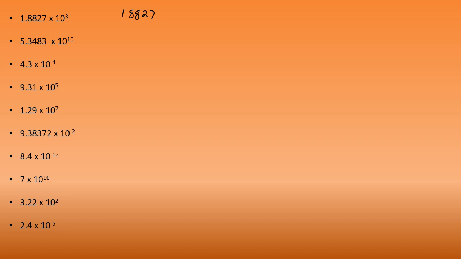And we're going to move it a total of 3 spaces. So we'll pick up our decimal and move it 1, 2, 3 spaces to the right. That number now becomes 1882.7.